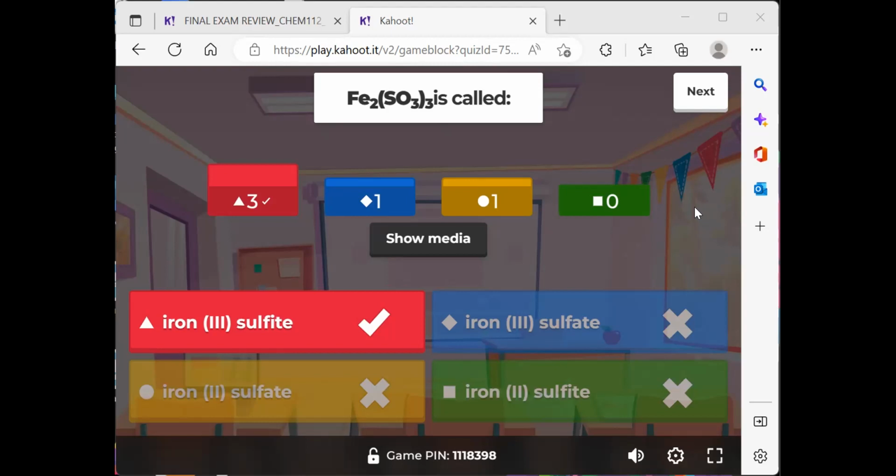Make sure that you practice going from name to chemical formula to name.